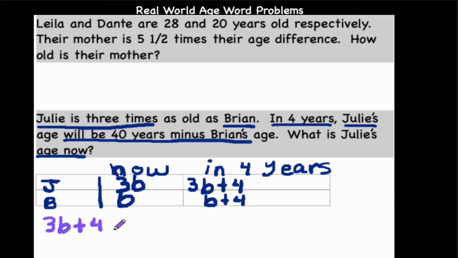Okay, and it says in 4 years, Julie's age will be 40 years. So will be is represented with equal. 40 years minus Brian's age, and Brian's age is b plus 4.